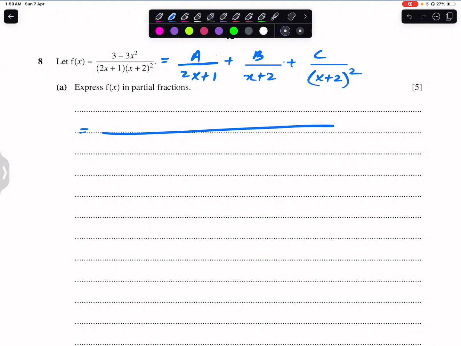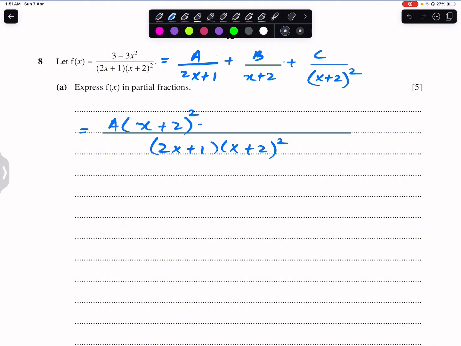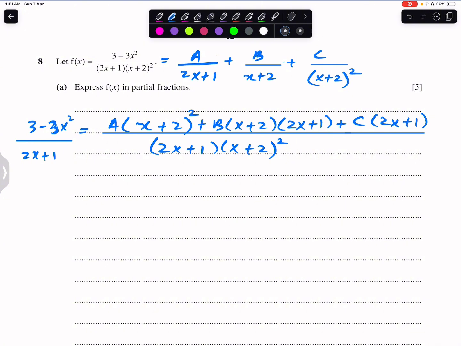and then take LCM of the right side. 2x plus 1 times x plus 2 whole square: a times x plus 2 whole square plus b times x plus 2 times 2x plus 1 plus c times 2x plus 1, and then 3 minus 3x square whole divided by 2x plus 1 times x plus 2 whole square.